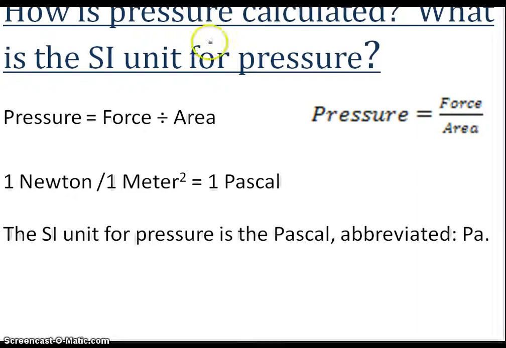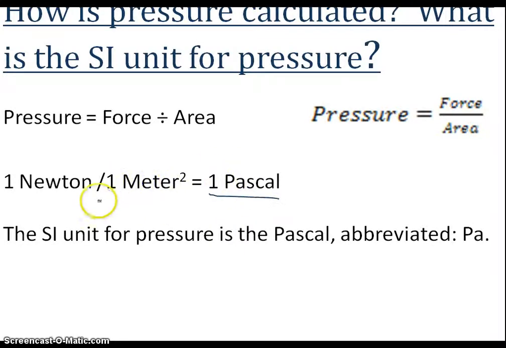Now we can calculate pressure using that force and area, and it helps us think about what happens to pressure as we change force and area. Pressure is equal to force divided by area. And when we do force in newtons divided by area in meters squared, we end up with 1 Pascal.